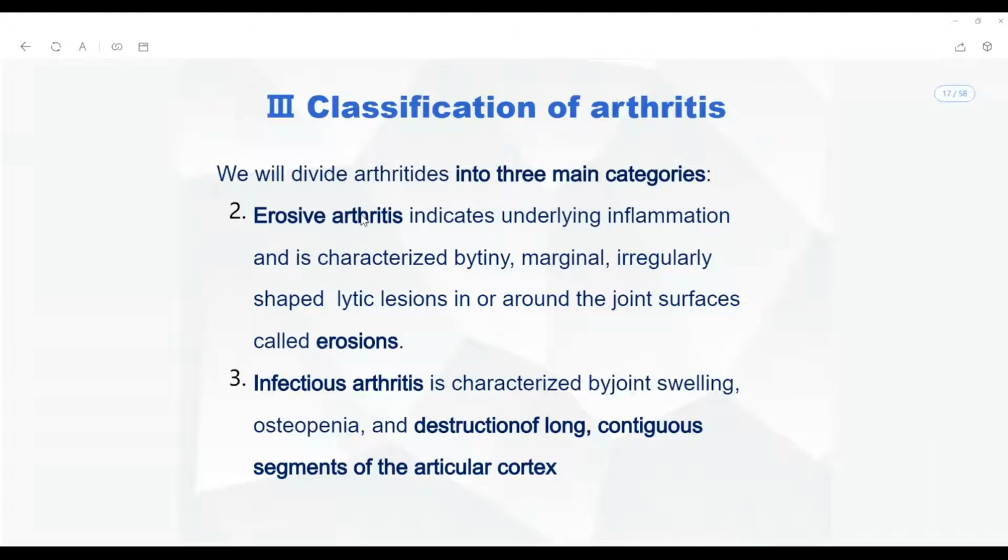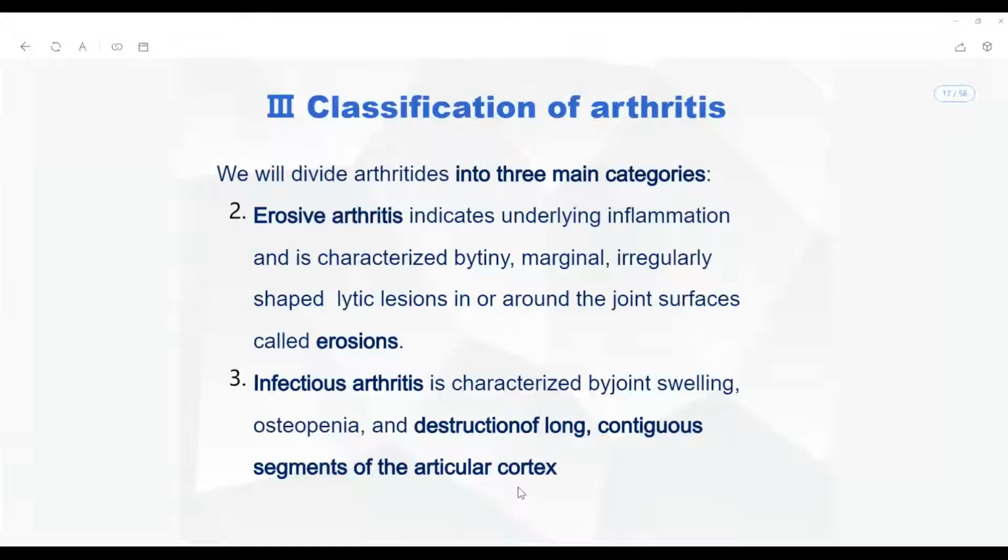Then we have a third condition which happens because of an infection, and that causes joint swelling and osteopenia. There is destruction of the bone, and destruction of long and continuous segments of the articular cortex. The whole articular surface involved within the joint gets destroyed, and it is also associated with joint swelling.